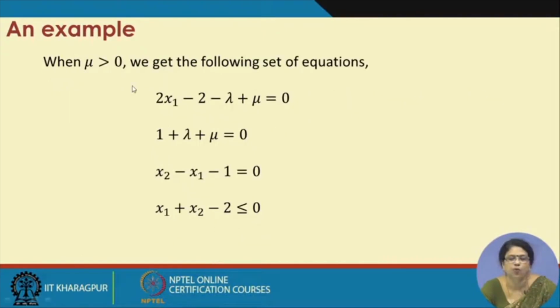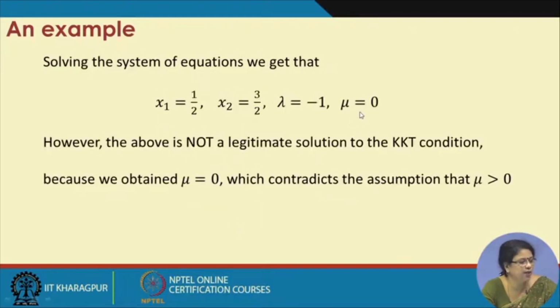From here, mu can be greater than 0, or mu can be equal to 0. If we consider mu greater than 0, then these are the conditions we get. Now, we get mu is equal to 0, x1 is equal to half, x2 is equal to 3 by 2 and lambda is equal to minus 1.